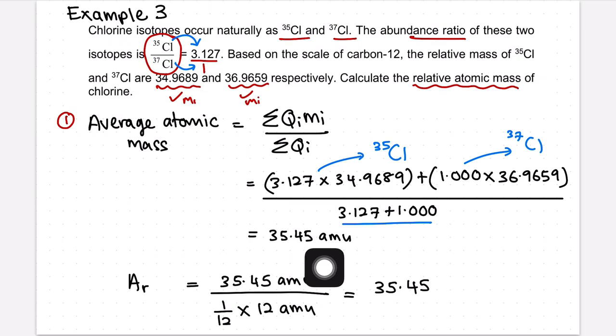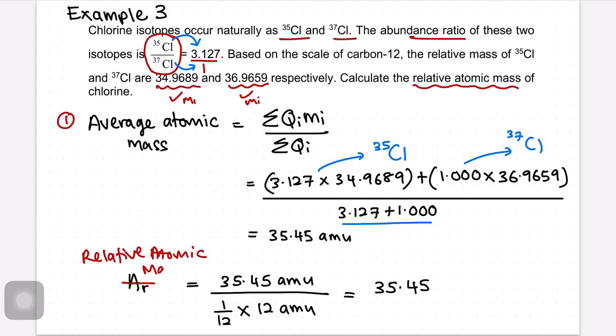You will get your final answer with a unit AMU, and since we are finding relative atomic mass, please write it in full, relative atomic mass of chlorine, instead of the symbol over here, and cancel off the units. And the final answer, you have it without the unit.